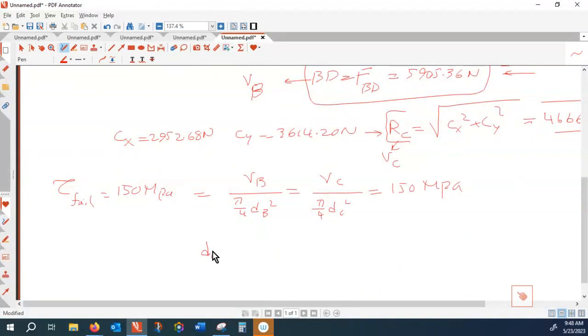And in that, the diameter of pin B is 7.08 millimeter, and the diameter of pin at C, that is 6.29 millimeter.